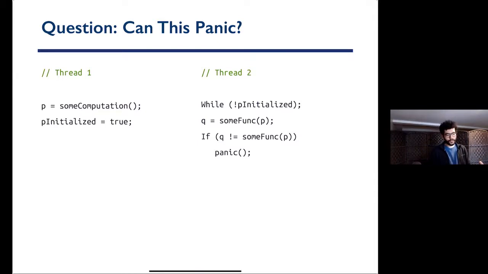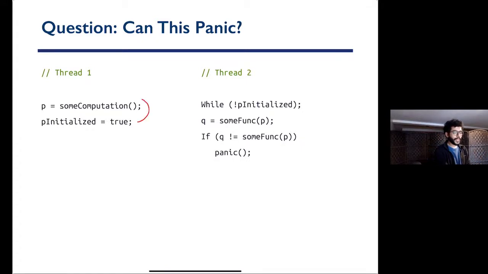In particular, in thread 1, we have two instructions, p equals some computation, and then p initialized equals true. When the compiler is compiling this code, it might find these two instructions independent because one of them is setting p and the other one is setting p initialized. These are two different addresses in memory and they're unrelated. So the compiler or the hardware might in fact reorder these.